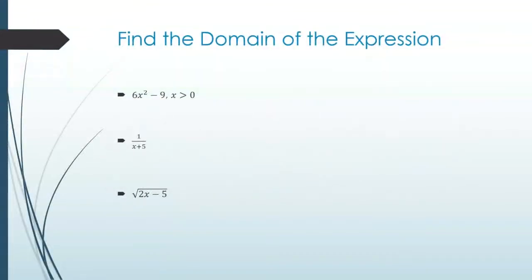So I've got 3 examples here, finding the domain of the expression. The first one, we have 6x squared minus 9. So this is a polynomial. And polynomials, their domain is all real numbers. Except in this case, they tell us x has to be greater than 0.